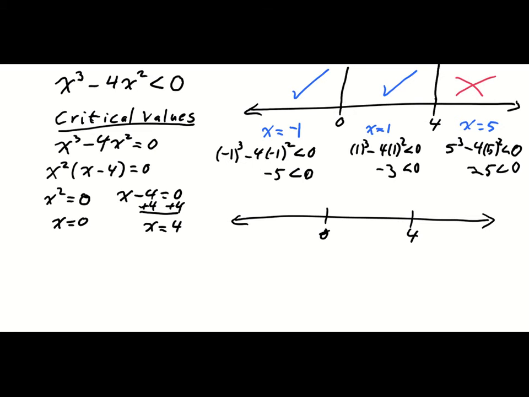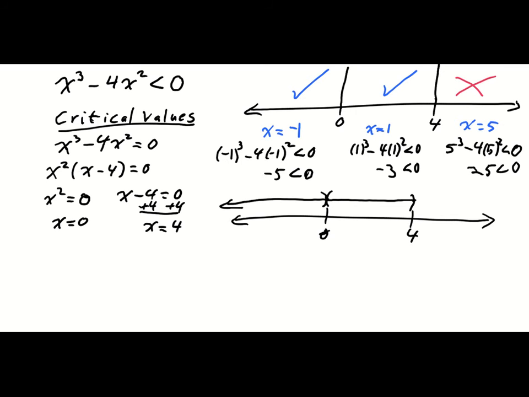So to graph it, we want everything smaller than 0. Notice this is a strictly less than, so that means we're going to have parentheses. We're not including 0. And then also from 0 to 4, again, parentheses at either end. That is the graph.